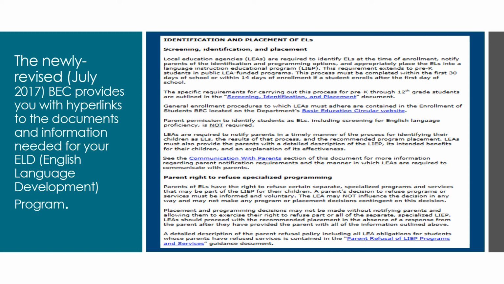In the back, there is an area that talks about identification and placement of English learners. And this is very important because the Basic Educational Circular now has live components. That means that if you download the document and you click on the blue areas, it will take you immediately and provide you more information about that.